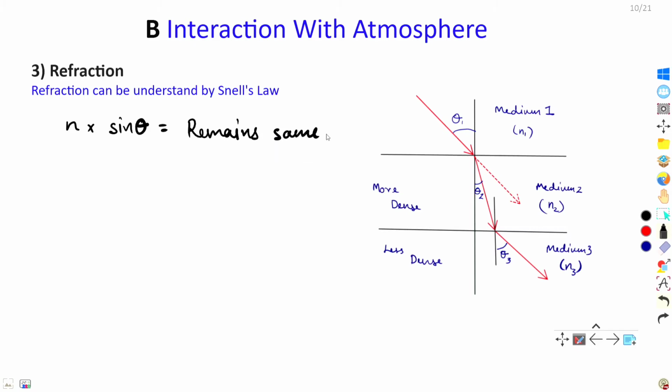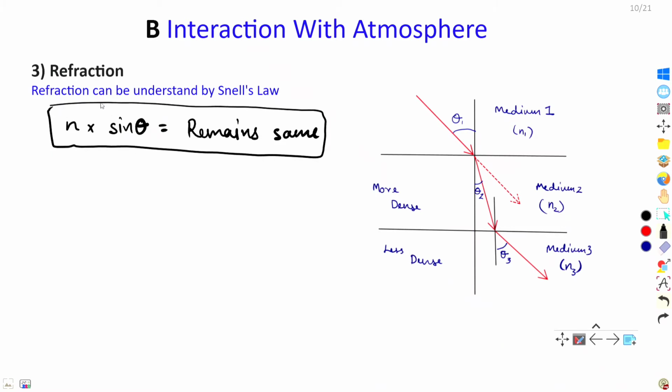So from this we are able to find what deviation angle will be made by the ray in a different medium. This is given by Snell's law. For the two media, medium 1 and medium 2, n1 sine theta 1 is equal to n2 sine theta 2.